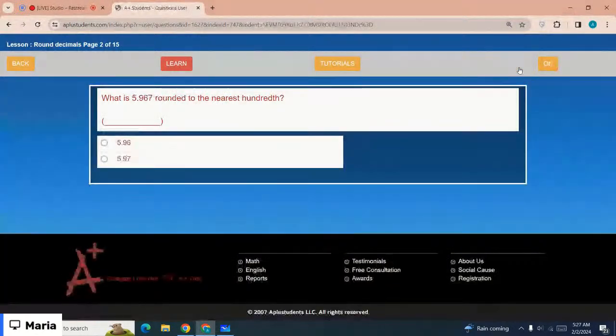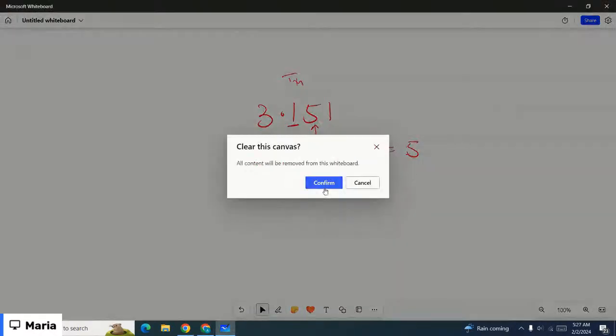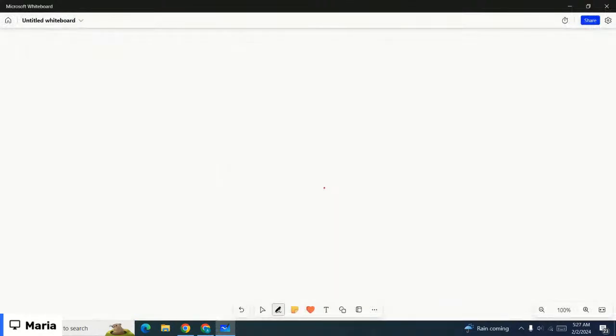The next one is, what is 5.967 rounded to the nearest hundredth? You have to round to the nearest hundredth, right? This digit is at the ones position, this is at the tenth, and this is at the hundredth. On the other side, you have 7.